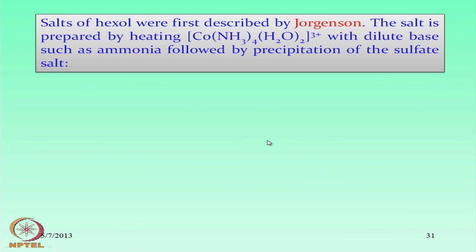One such good example was made by Jorgensen, a famous person who worked on all these molecules for so many years and described the molecule as hexol. This salt can be prepared by simply heating the corresponding diaquo compound of the tetraammine cobalt(III) with a dilute base such as ammonia.